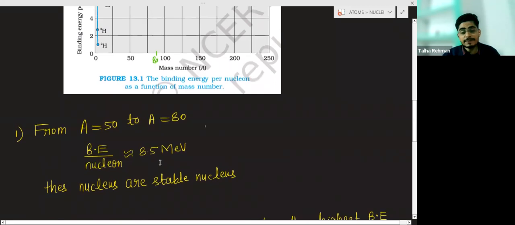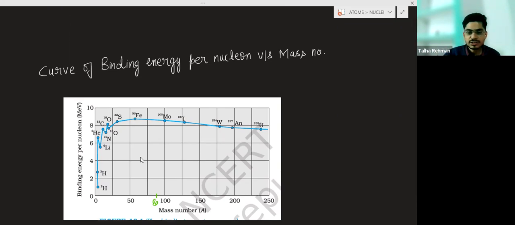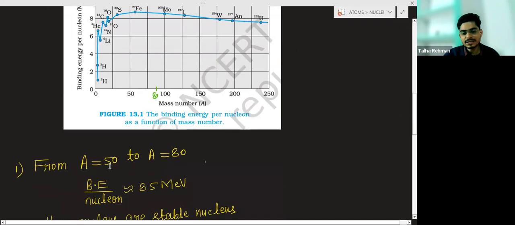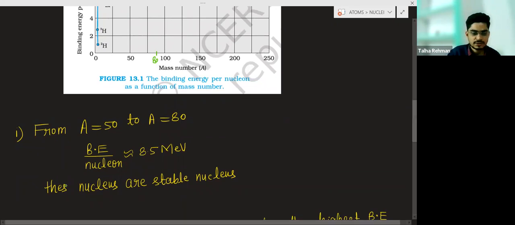This is the maximum amount of binding energy per nucleon, for mass numbers 50 to 80. And stability depends upon the binding energy per nucleon. So these elements having mass number 50 to 80 are the most stable elements. These nuclei are stable nuclei.